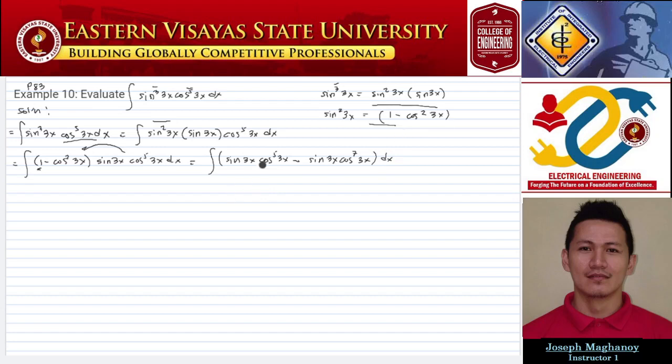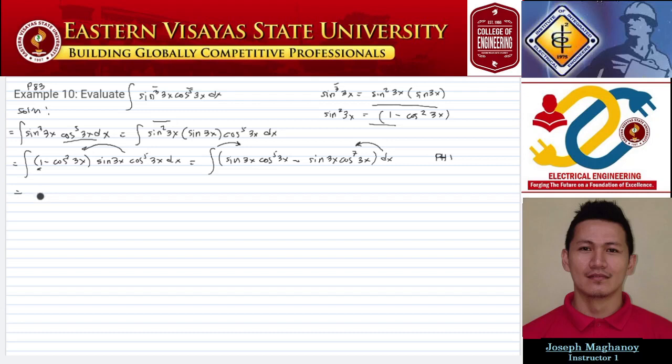Now, our next step is to apply our property number 1. As you can recall, our property number 1, we distribute the dx and the integral inside the quantity. In doing so, our term will be divided into 2.